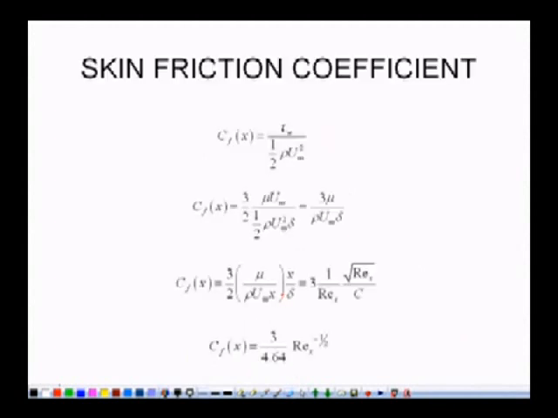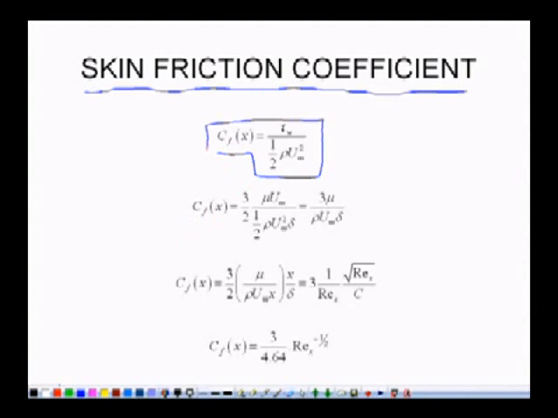Now the next question is how to get drag. This drag is calculated with the help of the concept of skin friction coefficient. If you can recall the chapter of pipe flow, at that time we brought this term Cfx, skin friction coefficient. Since this is Cfx, it means it is a local skin friction coefficient, equal to tau w divided by 1 over 2 rho u infinity square, right?